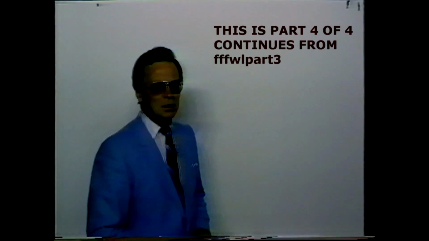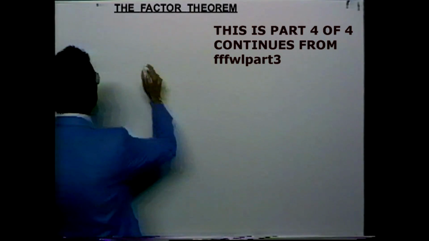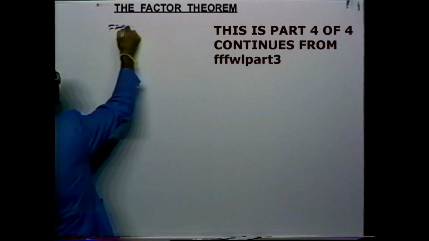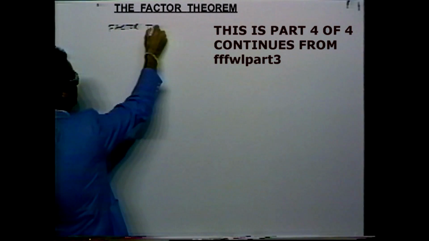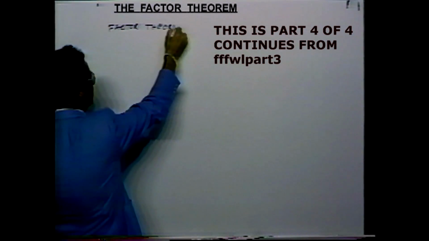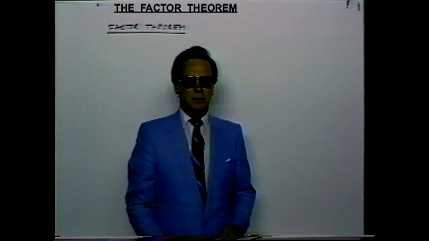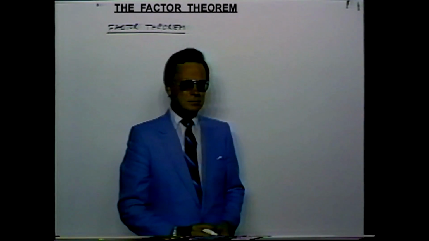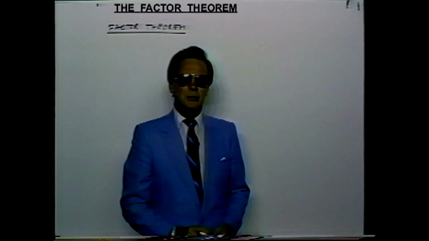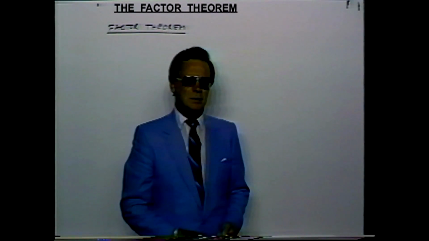The next type is called the Factor Theorem. When it seems none of the methods explained so far will apply to a given expression, perhaps the Factor Theorem method will.